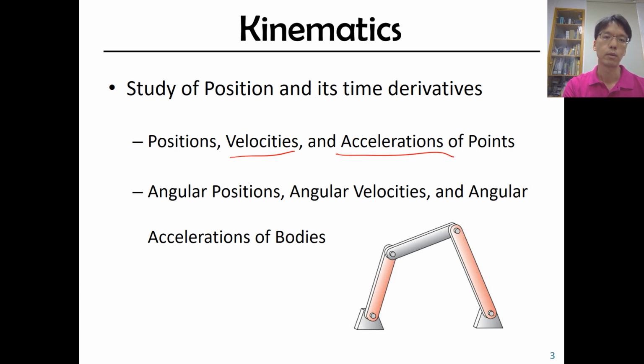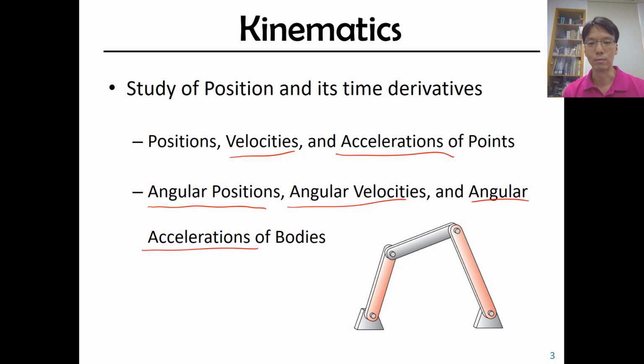And when I say position, velocity, and accelerations, I mean the linear motions, but there are also angular motions. So we'll also study the angular position, angular velocity, and angular accelerations of bodies. So take this mechanism, this 4-bar mechanism, it will appear quite often in the future.